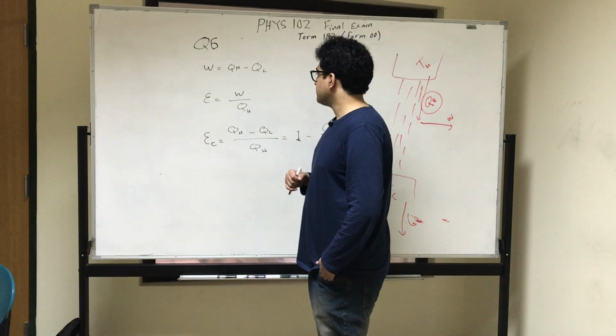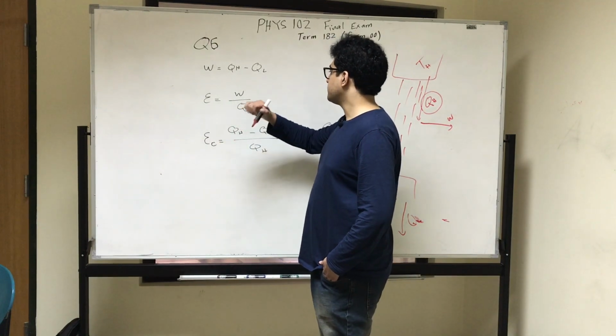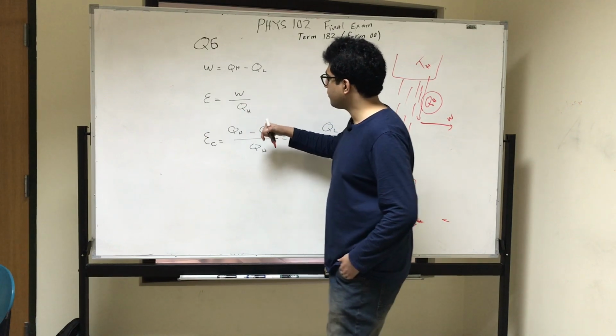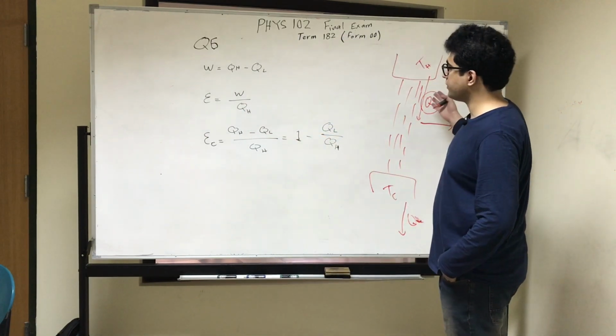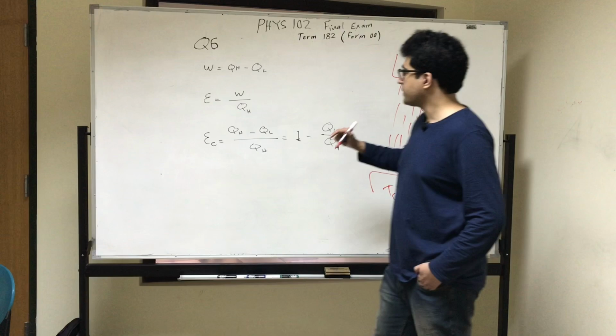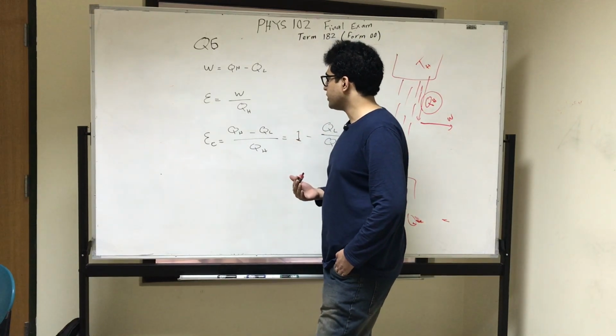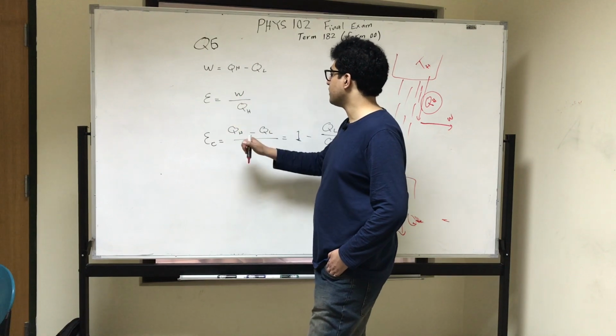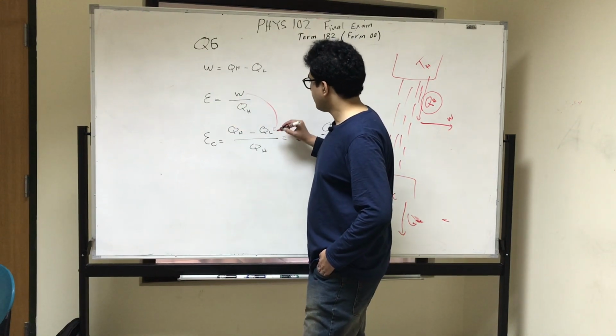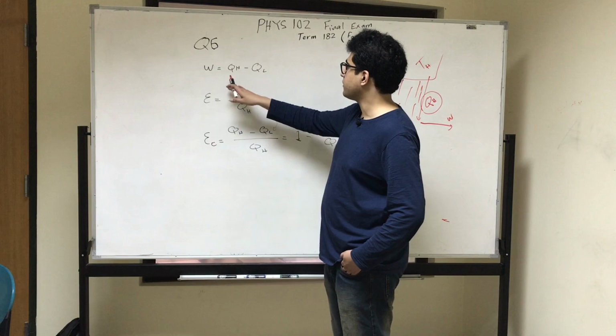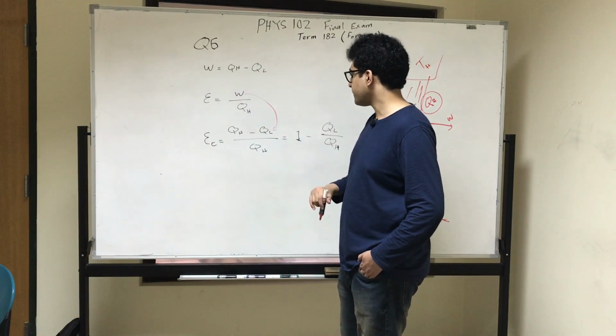Okay, so the efficiency of any engine is equal to the work over the energy that we get from the hot part. For Carnot engines, we could expand this work to be written like this, because we know that the work is basically equal to QH minus QL.